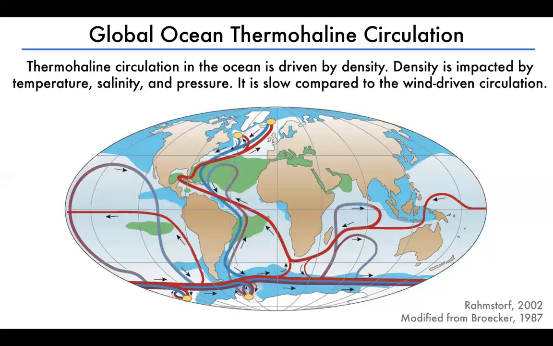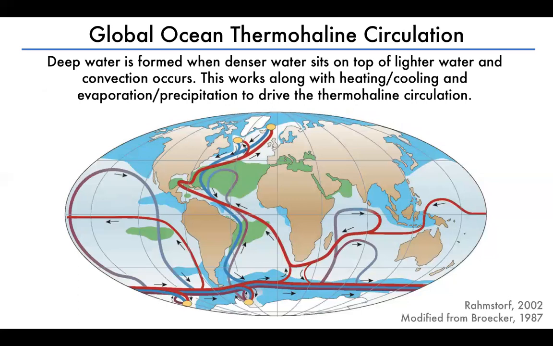If you have air coming off a really dry area like the Sahara Desert and then moving over the ocean, that air has lots of capacity to take up water, and that's why you end up with this really high evaporation region. Or we can think about processes that affect temperature, and a lot of that is the shortwave radiation that we talked about previously, but you can also have upwelling where you bring water up from the bottom and so on. Those all contribute to establishing those patterns of salinity and temperature and ultimately density.